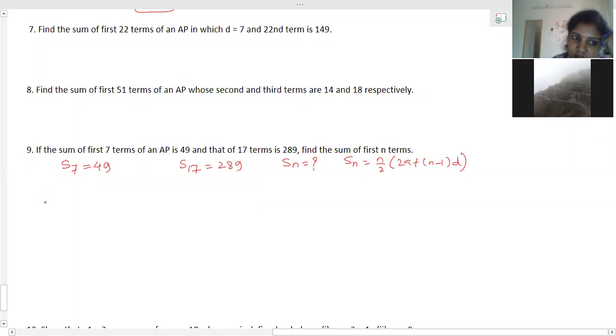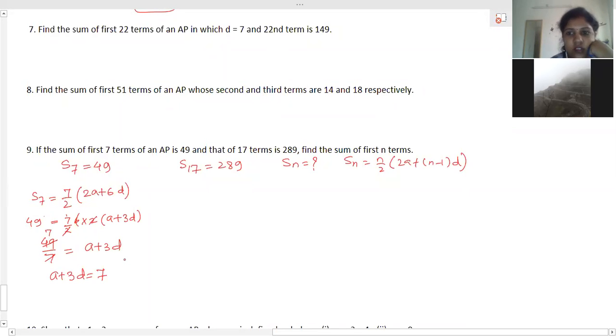Here n is 7, so S7 is equal to 7 by 2 into 2a plus 7 minus 1, that is 6 into d. Take 2 common and this value is 49. 7 into bracket, 7 by 2, keep 2 outside, so it is a plus 3d. This 2 and this 2 get cancelled. This 7 is transferred to the other side. 49 by 7 is equal to a plus 3d. 7 7s are 49.